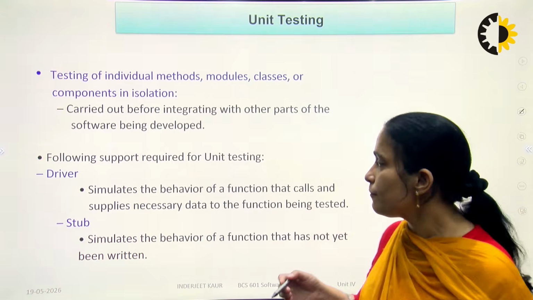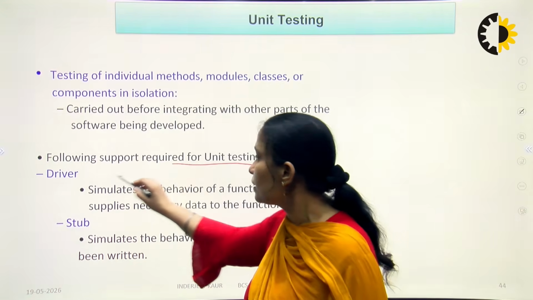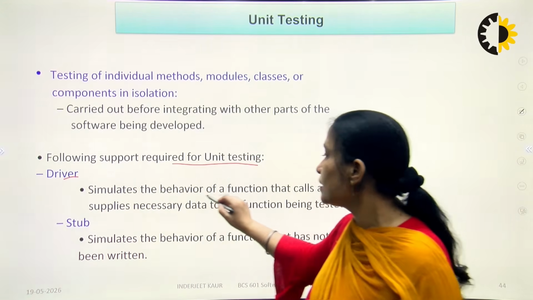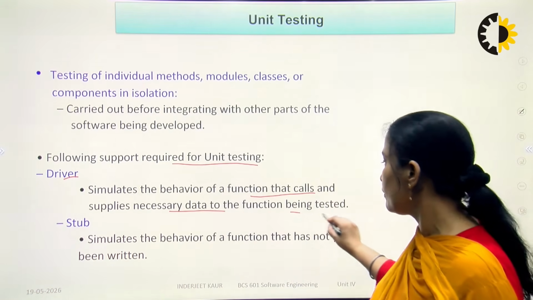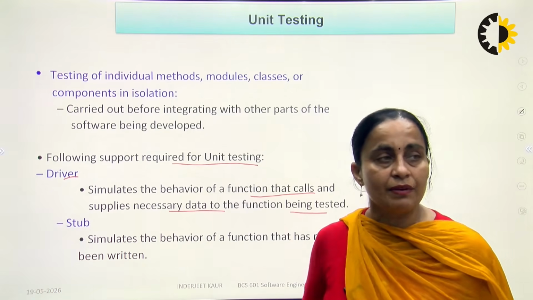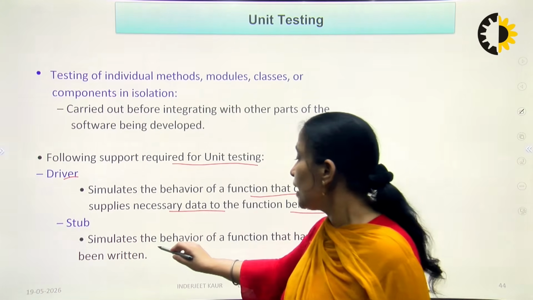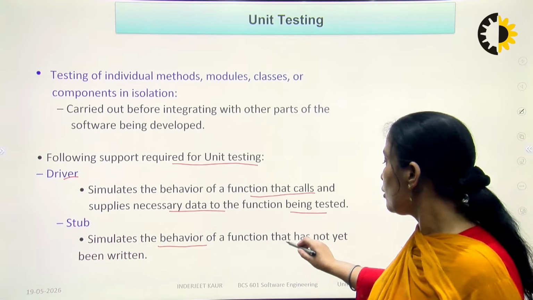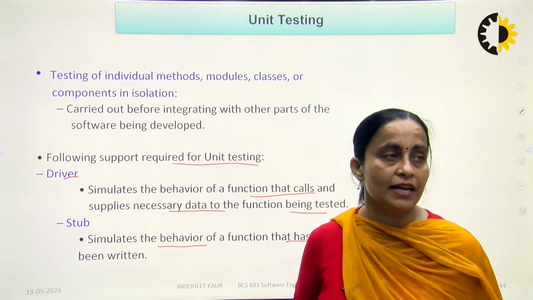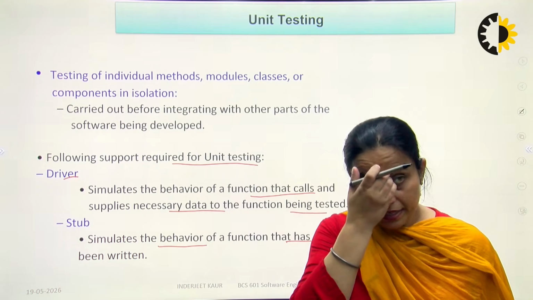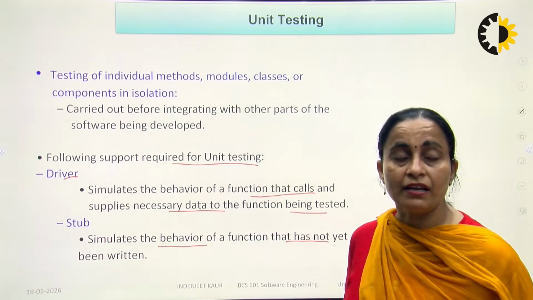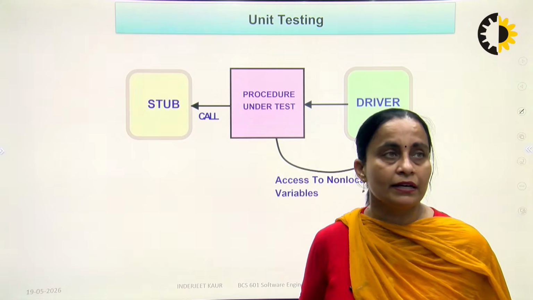The support required for unit testing is the driver, which simulates the behavior of a function that calls and supplies necessary data to the function being tested. And when I write a stub, I am simulating the behavior of a function that has not yet been written. So stubs will be simulated. Here they are only being defined, they are not being written.